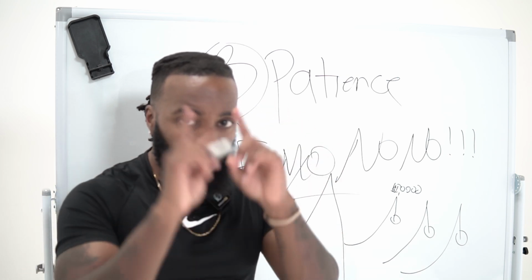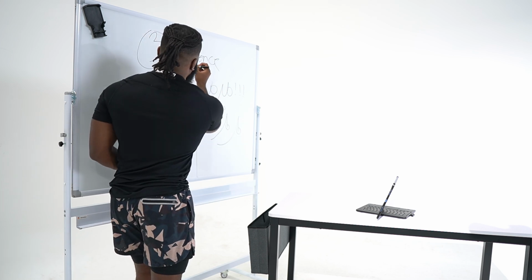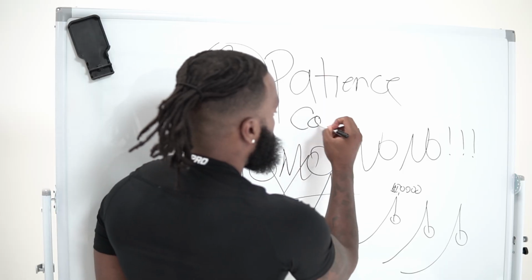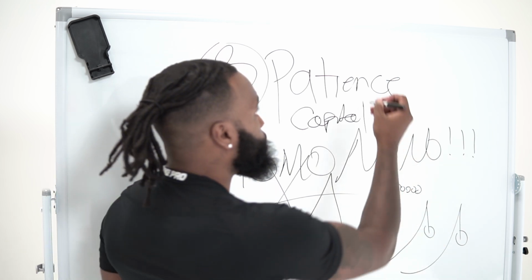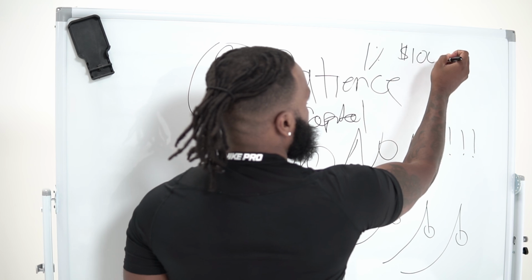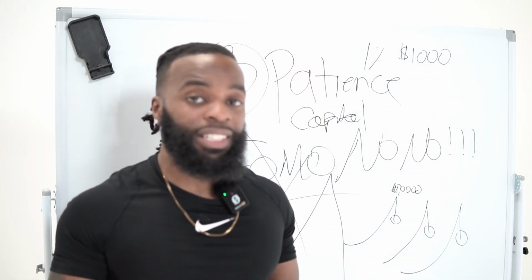Remember, guys, the key to trading is not the actual percentage of your account growth, but it is really the capital. So yes, if you have a $100,000 account, 1% of $100,000 is $1,000. 1% of $100 is $1.